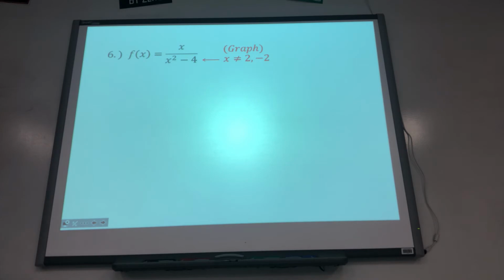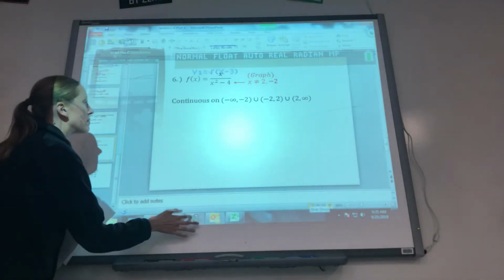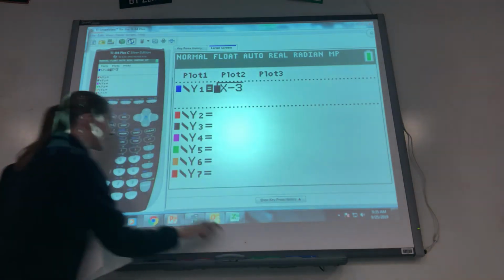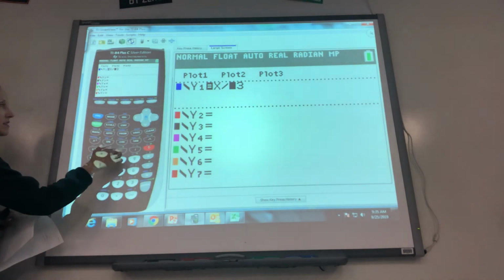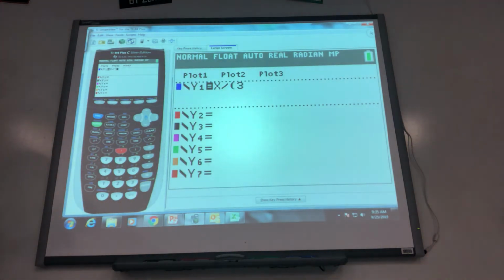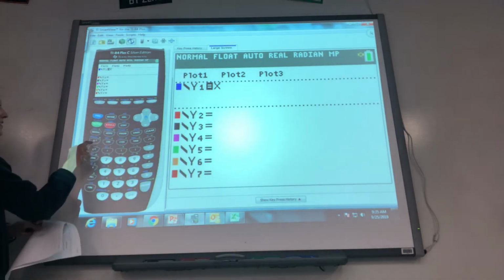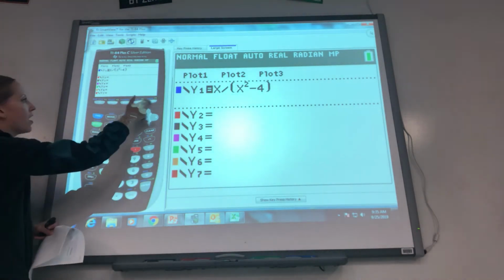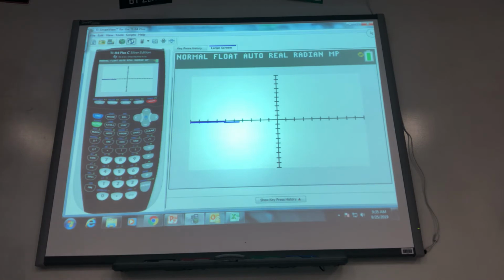Yes, 2 and negative 2. I am going to graph this, but I know ahead of time what x's to look for. So, last one, we have x divided by parentheses x squared minus 4. I'll go ahead and graph that.